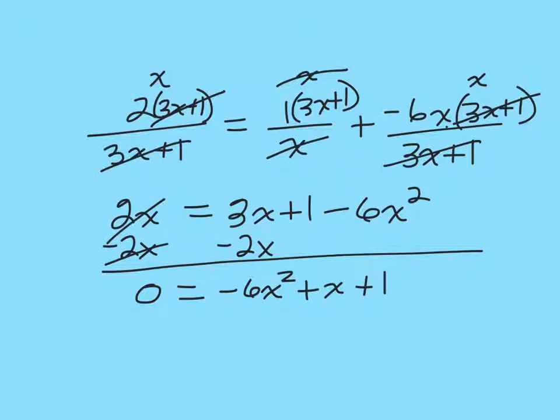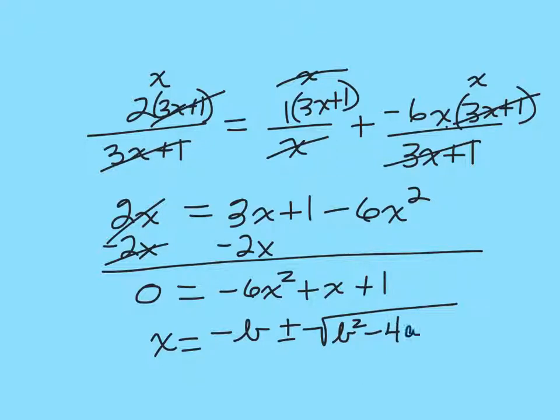And my Tuesday, Thursday class didn't have a lot of luck remembering it the other day. Okay, so let me remind you, it's negative b, plus or minus the square root of b squared minus 4ac, all over 2a. I remember.